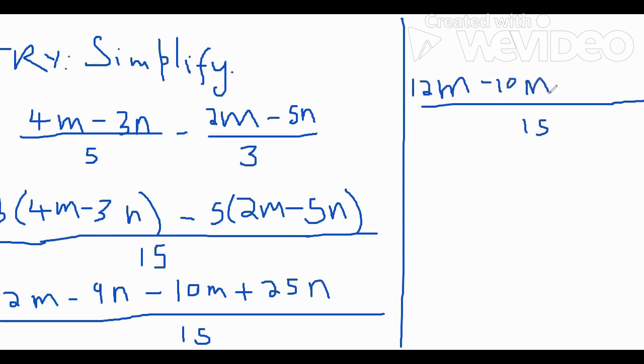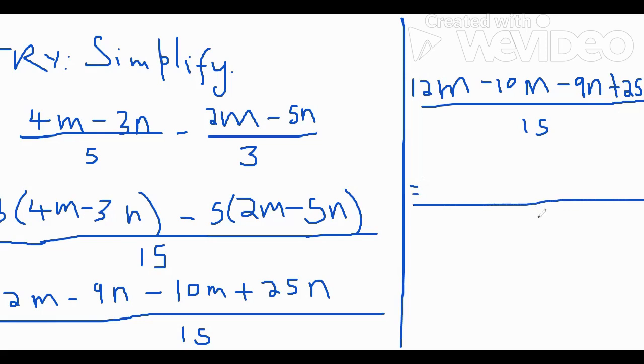Continue. Okay, you put the sign. Oh, stop sign? No man, the minus sign. Sorry about that, the minus sign. And then you're going to put 9n plus 25n. All right, almost there.